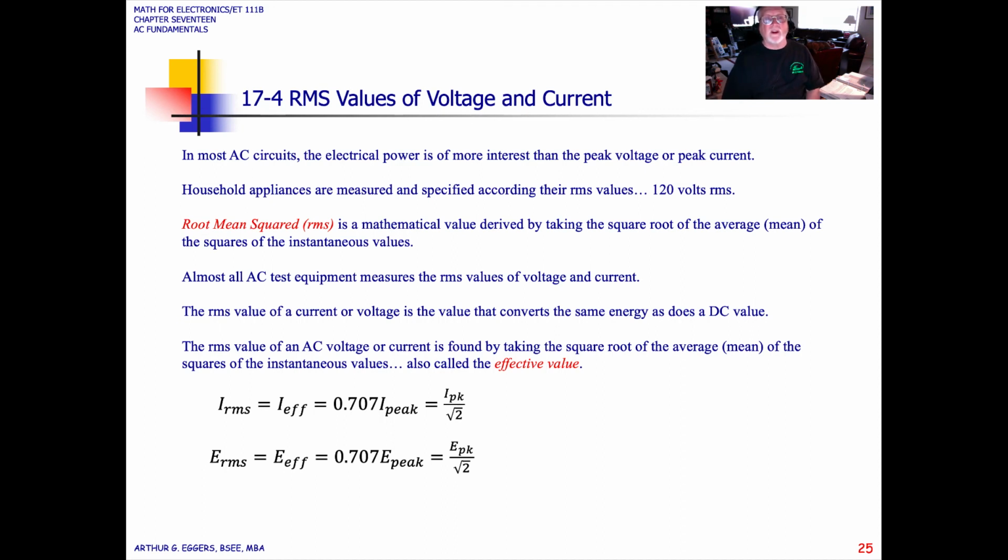So we need to learn some other measures associated with electronics, and they are given in terms of average or mean values. So when we come back, we're going to look at one of the measures called the root mean square, RMS, and look at some other ways that electricity, voltage, and current are measured when we use test equipment.